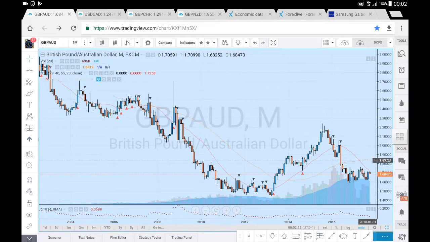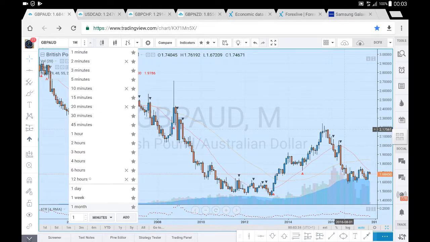Currently we're trading at 168.47, so just over 1,000 pips, which, based on this pair's volatility, shouldn't be that difficult to do. So on this monthly time frame, we do appear to have formed a base at around the 160 mark.